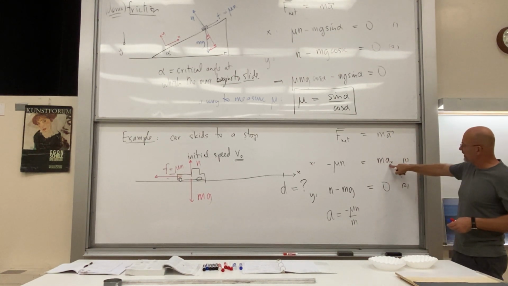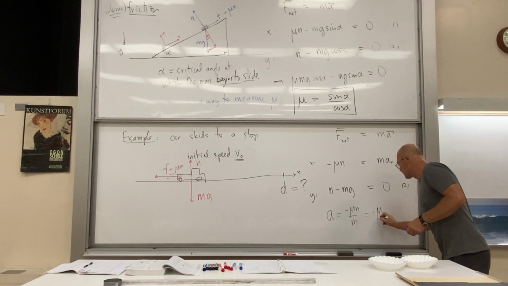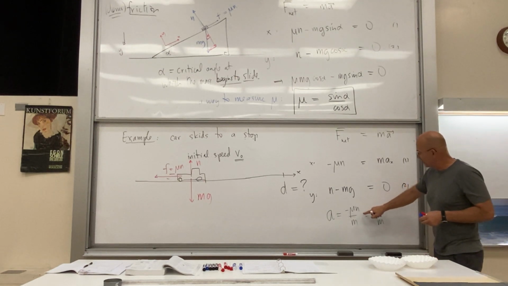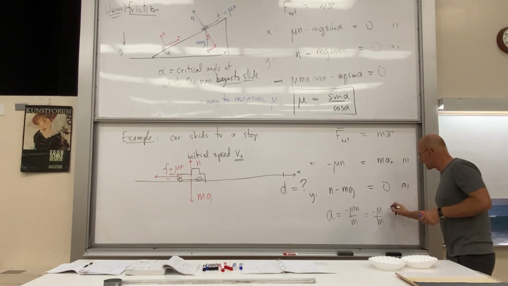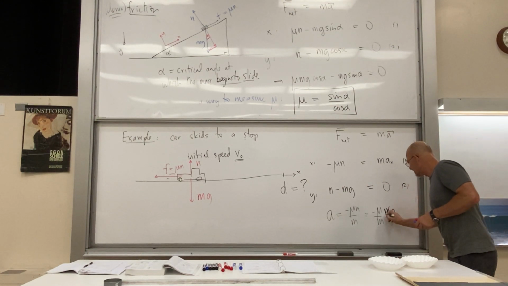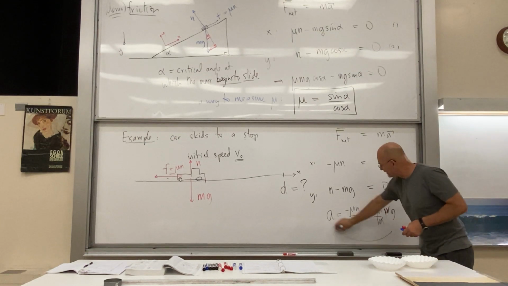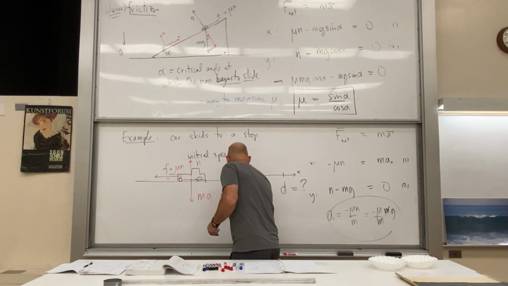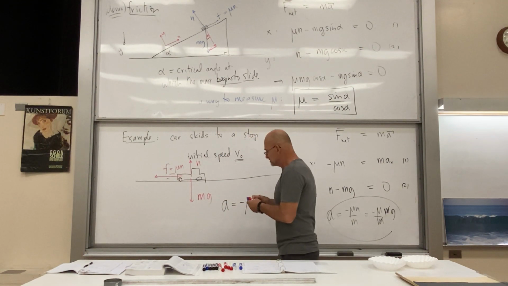And what do we have here? For n, we just have mg. That's mg, m's cancel. So right here we just found acceleration is equal to minus mu g.